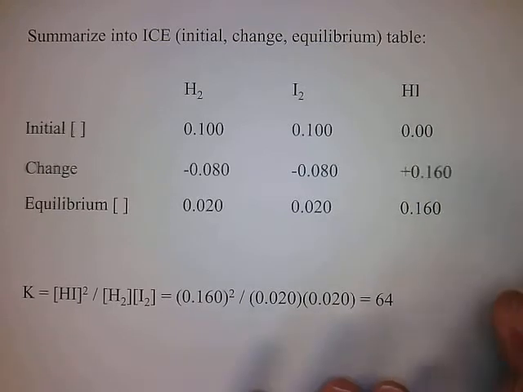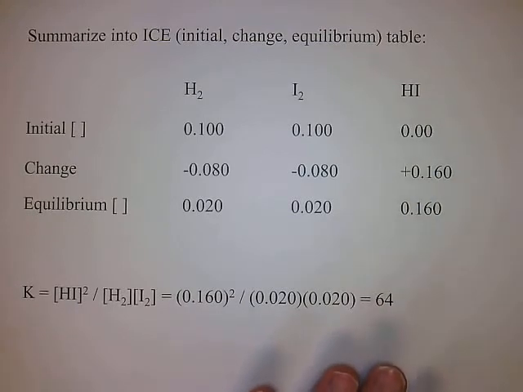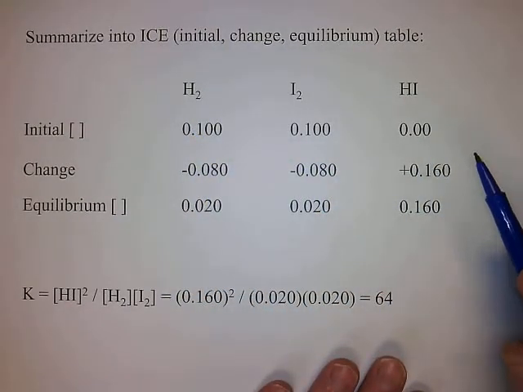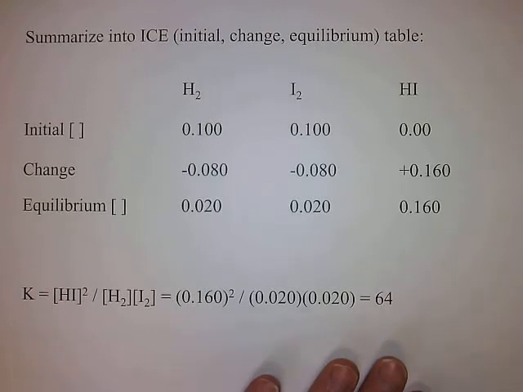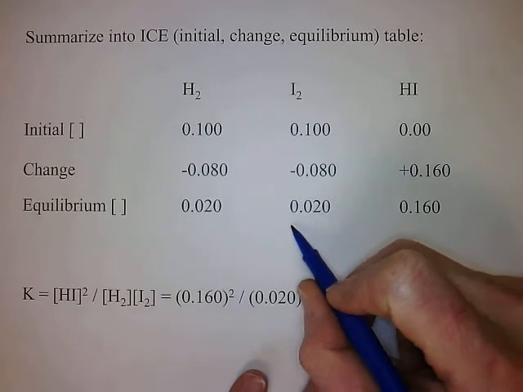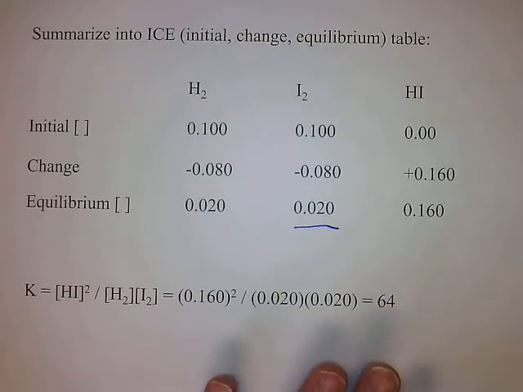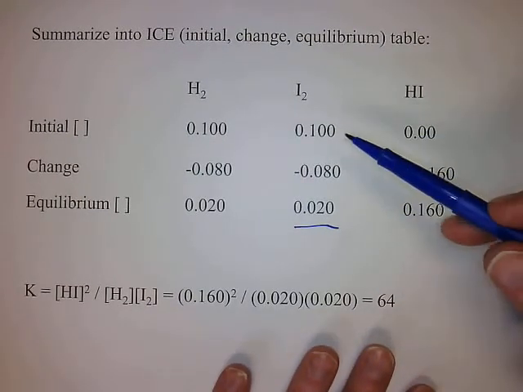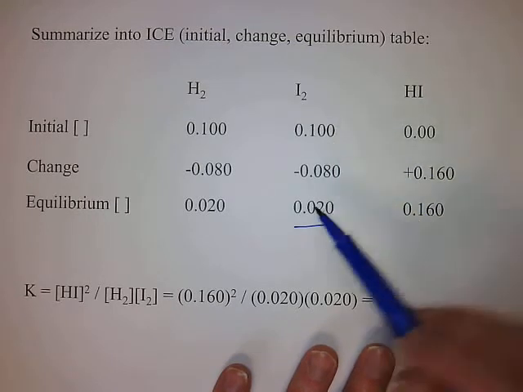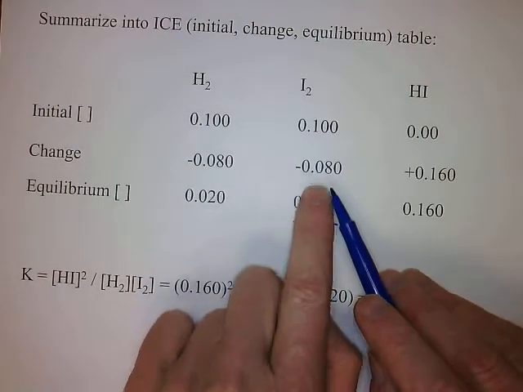So one more time, in a problem like this, you're given the initial concentration, and then you're given the concentration of one species at equilibrium. In this case, it was the I2. Okay, so we said if the I2 started at 0.1 and finished at 0.02, that means we lost 0.08.